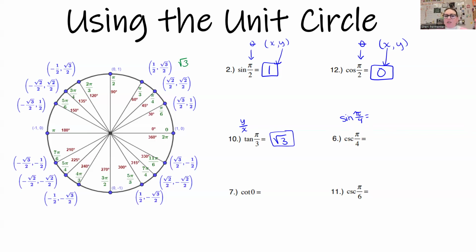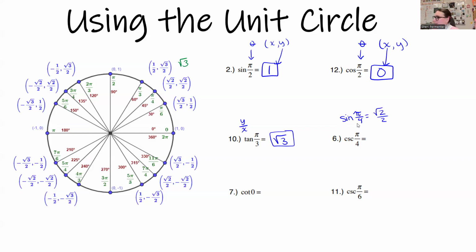So over here, at sine of pi over 4, or anything over 4, that's over 4 too, and it's still square root 2 over 2. It doesn't matter whether it's sine or cosine around the unit circle, it's square root 2 over 2. You just have to remember positive or negative. Everything is positive in the first quadrant. So sine of pi over 4 is square root 2 over 2.